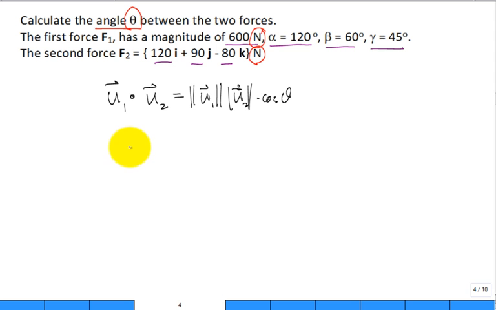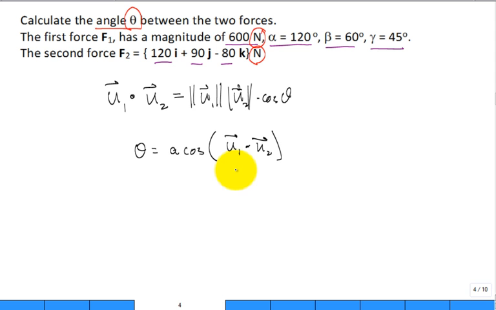So really one of the easiest ways, you solve the problem a few times and then you observe this is maybe a little faster, that theta is equal to the arc cosine of unit vector 1 dotted with unit vector 2.